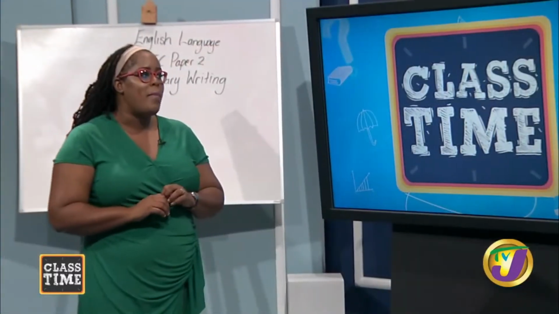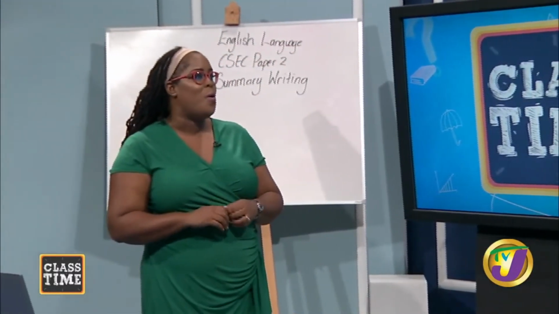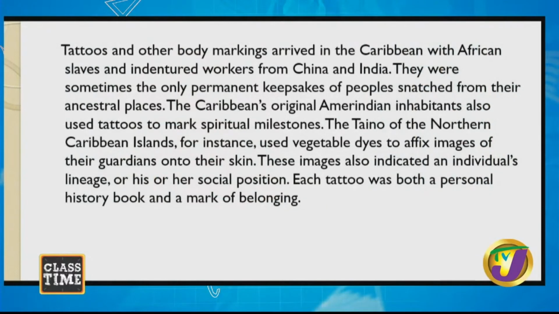Tattoos and other body markings arrived in the Caribbean with African slaves and indentured workers from China and India. They were sometimes the only permanent keepsakes of peoples snatched from their ancestral places. The Caribbean's original Amerindian inhabitants also used tattoos to mark spiritual milestones.